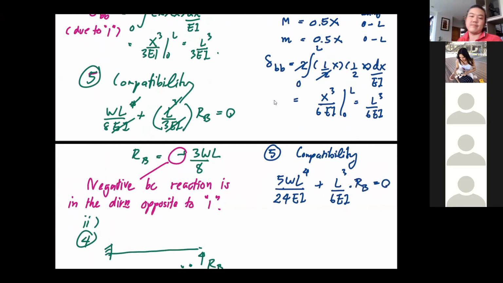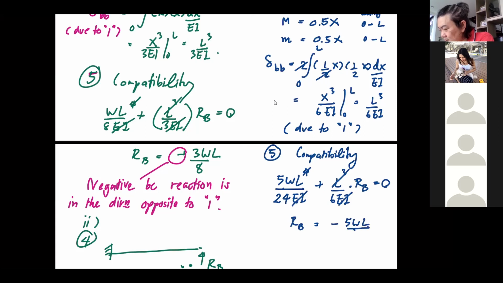It's equal to 0. Remember that this is due to unit load. So due to RB, you have to multiply this by RB. Again, solving this, EI is gone. So your RB is minus 5WL over 4.